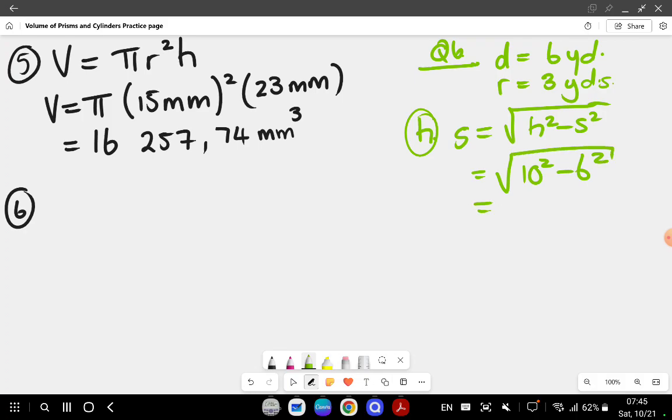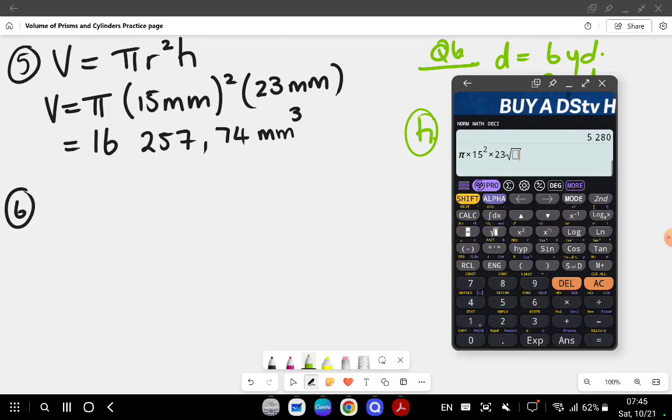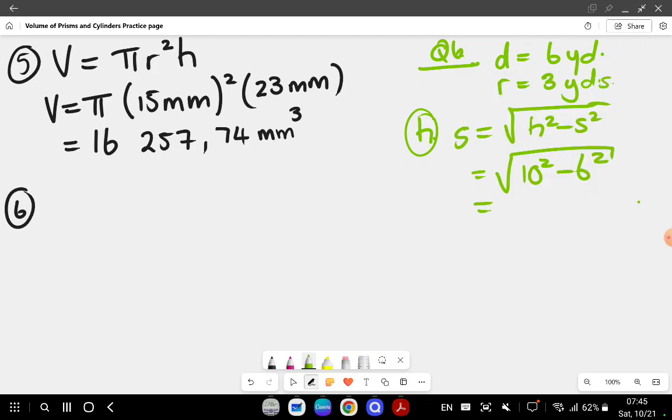That's 8. That gives me 8. So that is the height. It's in yards. Okay, this is my height. And this process is called Pythagorean principle.